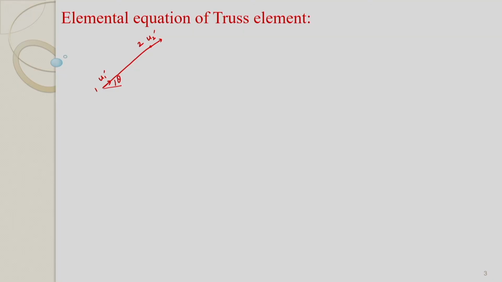Now, if you consider this u1 prime, the displacement of node 1 has two components, one is u1 and another one is v1, and it is making an angle theta. So, u1 is the x component, v1 is the y component.